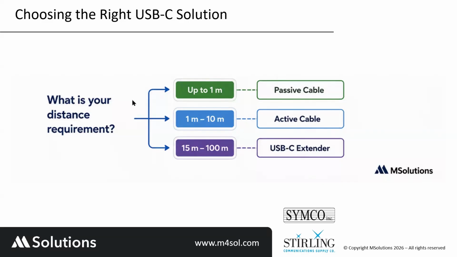From 1 to 15 meters, or in some cases even more, an active USB-C cable maintains good signal integrity and provides a solution for the USB-C. Again, we need to understand that this active cable can support DisplayPort, or it can support only USB 3.